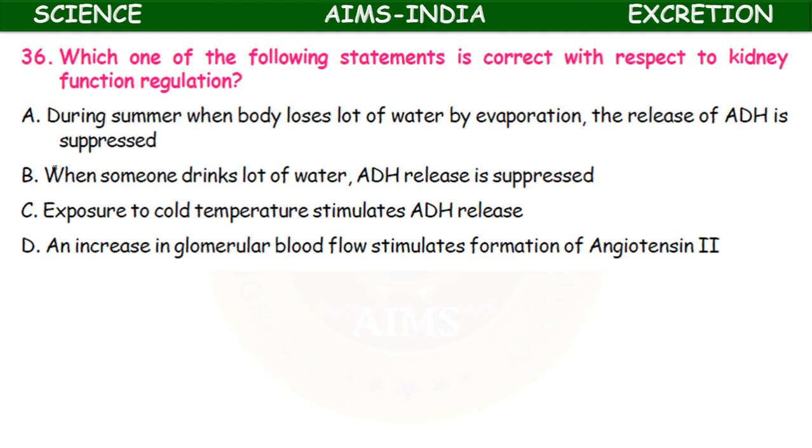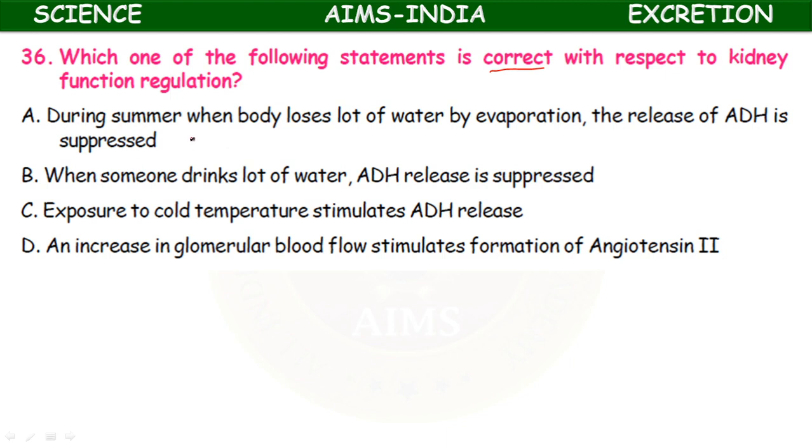Exposure to cold temperature stimulates ADH release. An increase in glomerular blood flow stimulates formation of angiotensin II. Which of the statements is correct? The first one. So we have to select the correct statement.